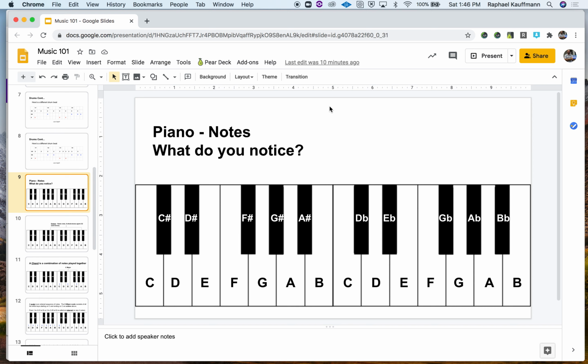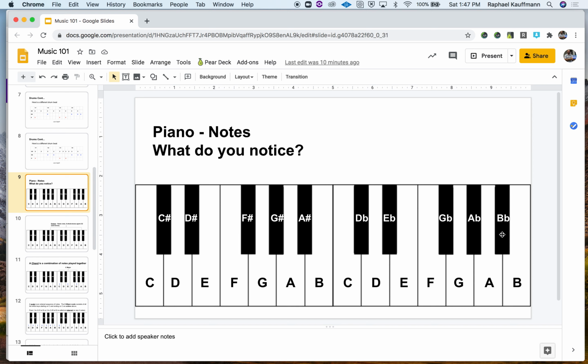So the first thing I want you to do is just take a look at this piano that I have laid out. And what do you notice? Things that I notice is the physical visual pattern of 2 black keys, 3 black keys, 2 black keys, 3 black keys.